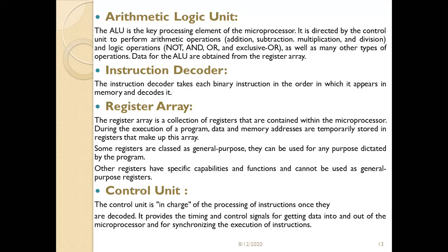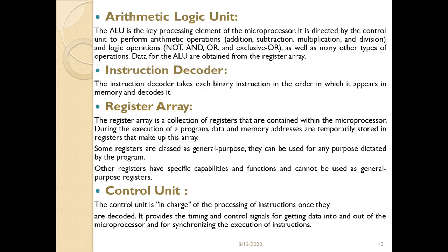The arithmetic logic unit is the key processing element of microprocessor. It is directed by the control unit to perform arithmetic operations such as the addition, subtraction, multiplication, and division, and logic operations such as not, and, or, exclusive or, etc., as well as many other types of operations.